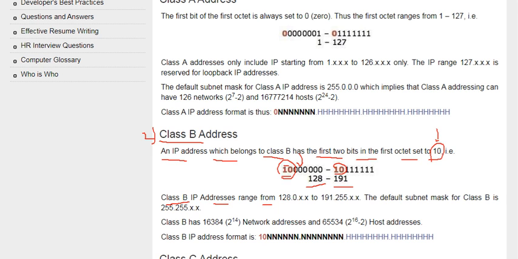So the class B IP address range is from 128 to 191, minimum 128 and maximum 191. So that will be the range for class B addressing.